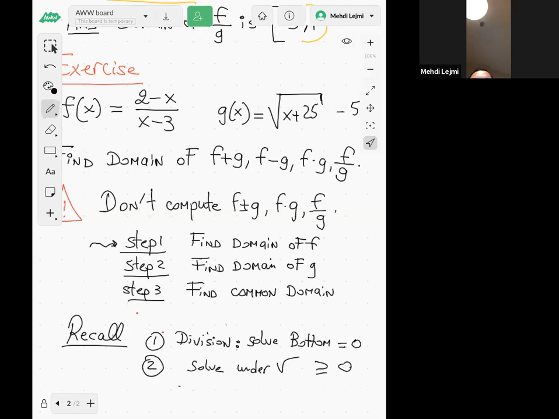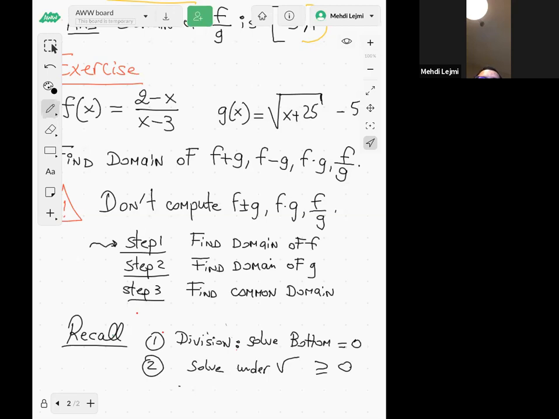Actually, this is a good exercise because we have a square root and we have a division. So the domain of f would be any real number except 3.